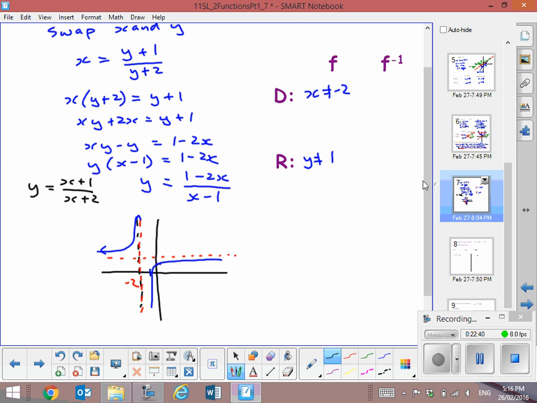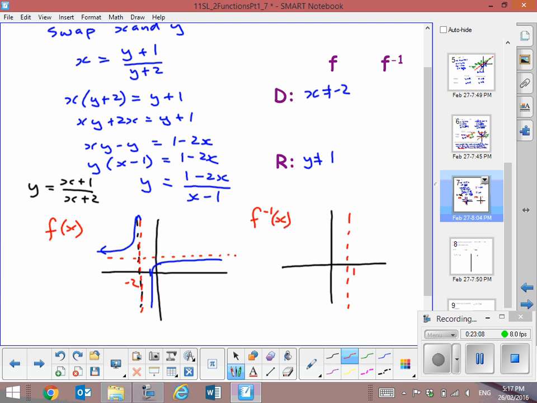If we now do our inverse function over here, so this is our function, this is our inverse function. Looking at the denominator, we have our vertical asymptote is at x equals 1, and we can now see that the horizontal asymptote is going to be at y equals minus 2.